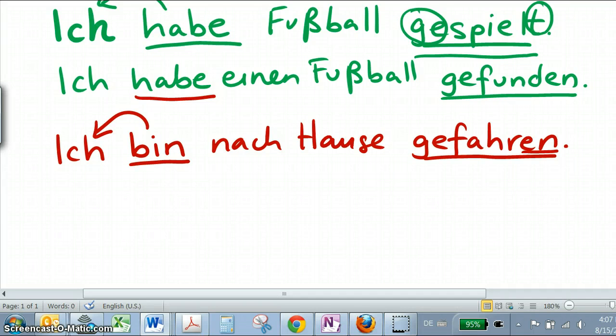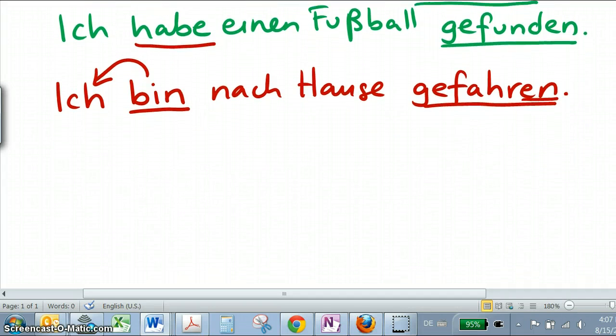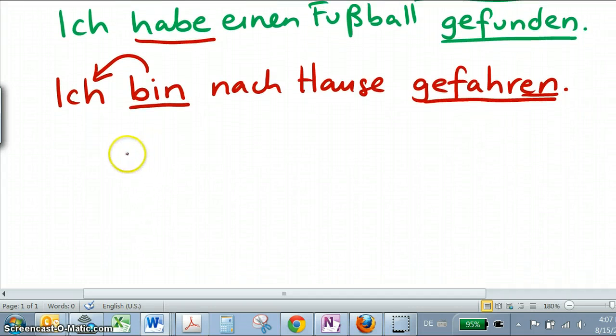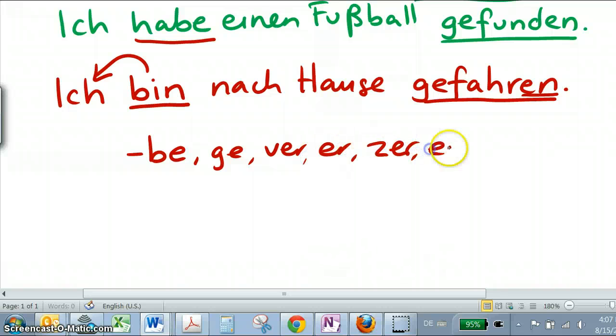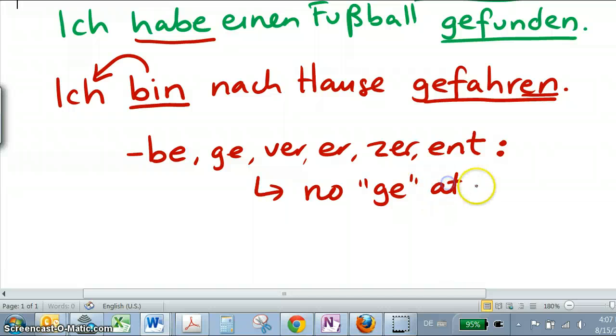There are also some other tricks to this. There are the verbs that I call the b, g, ver, zer, ent verbs, and with these verbs, the trick is there is no g at the beginning. Here's an example.